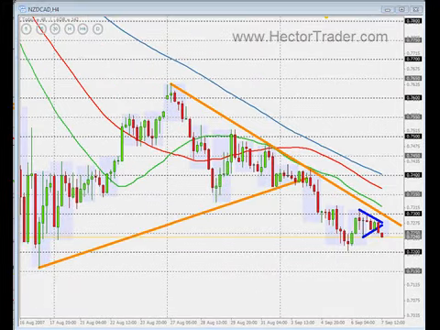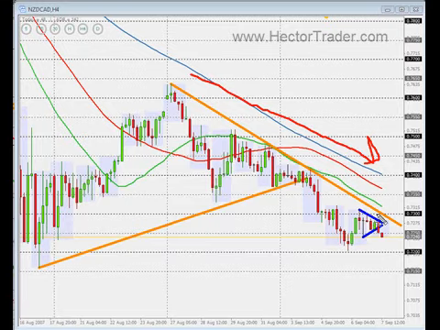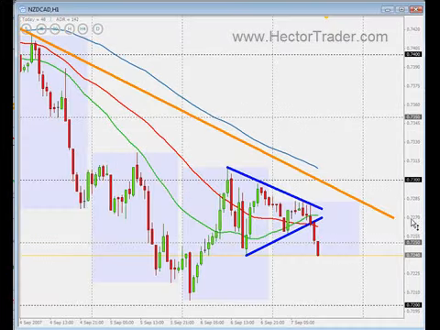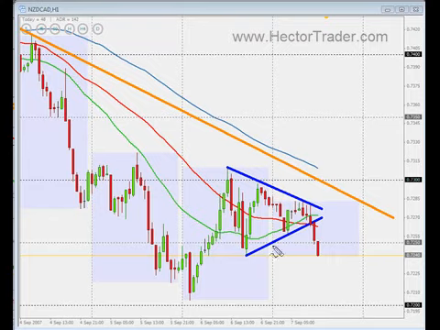We have a clear trend, that gives us the bias for any possible trade. Then we spot the congestion area, in this case forming as a triangle, and then you simply wait for the break of the triangle in the direction of the trend.